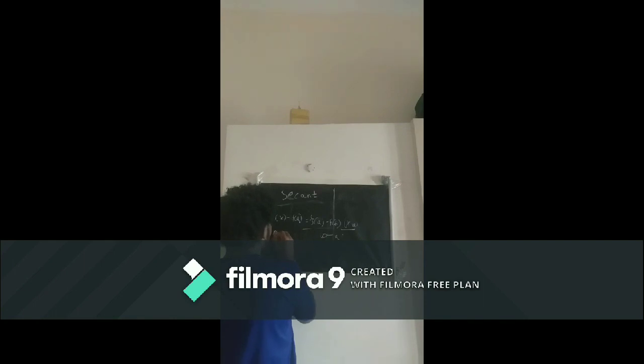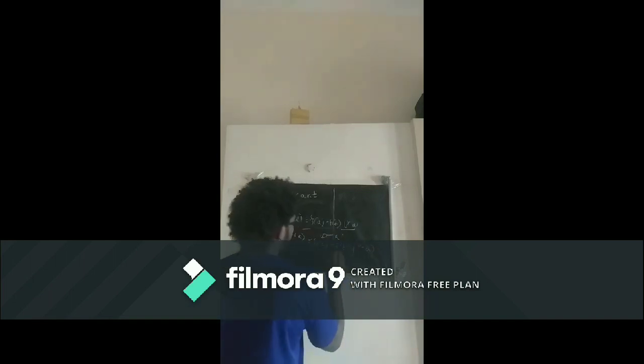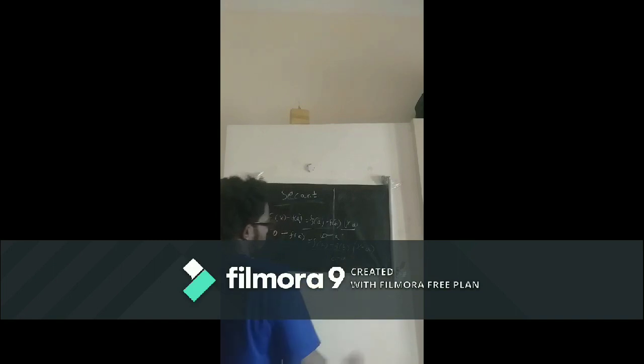So 0 minus f of a is equal to f of a minus f of b into x minus a over b minus a. So our aim is to get this x minus a.